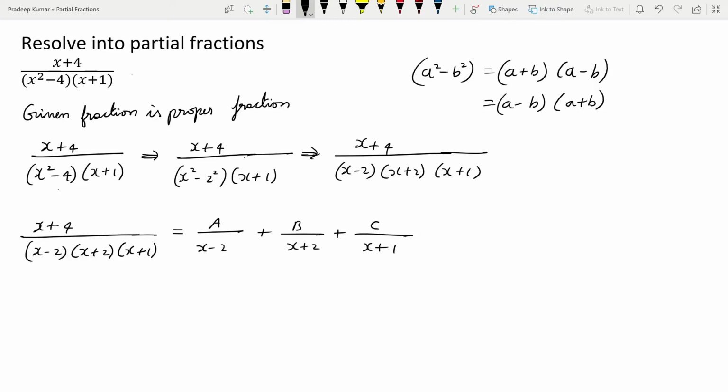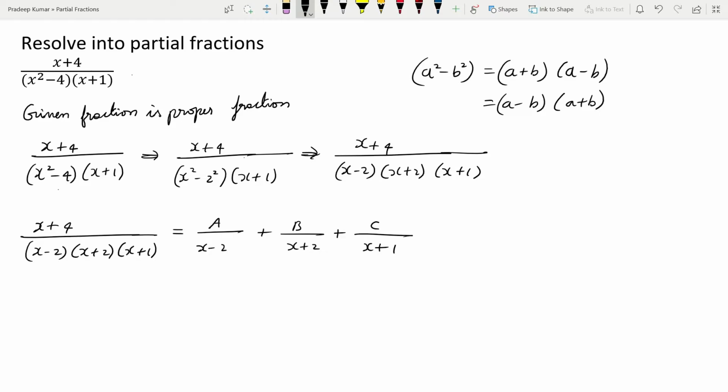This is the way we divide the given expression into three parts, as there are three factors in the denominator: A, B and C. If one more factor were added, we'd go for D; if one more, E. If only two factors were there, we'd just take A and B. The number of variables depends on the number of factors.